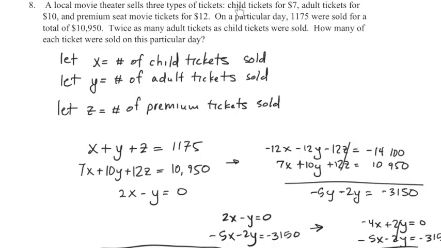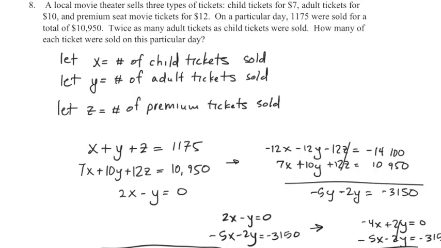The next bit of information I chose was the cost of each type: $7 for the child, $10 for the adult, and $12 apiece for the premium seats. The total brought in that day was $10,950.